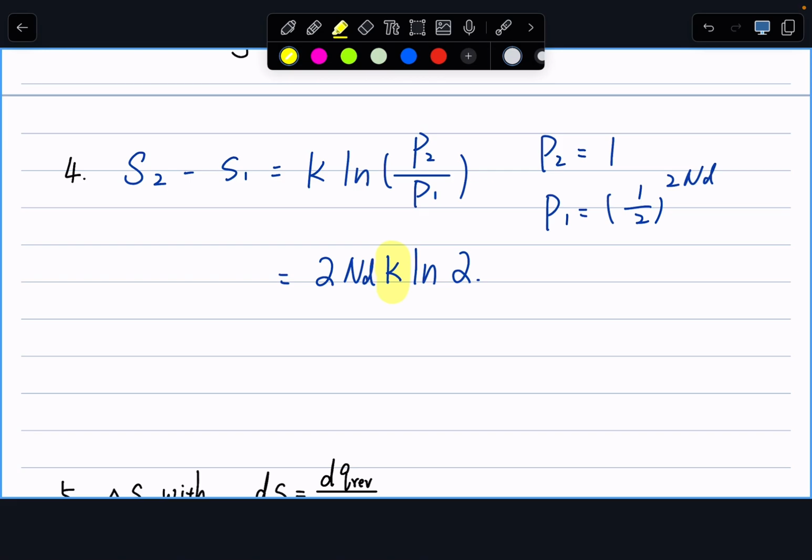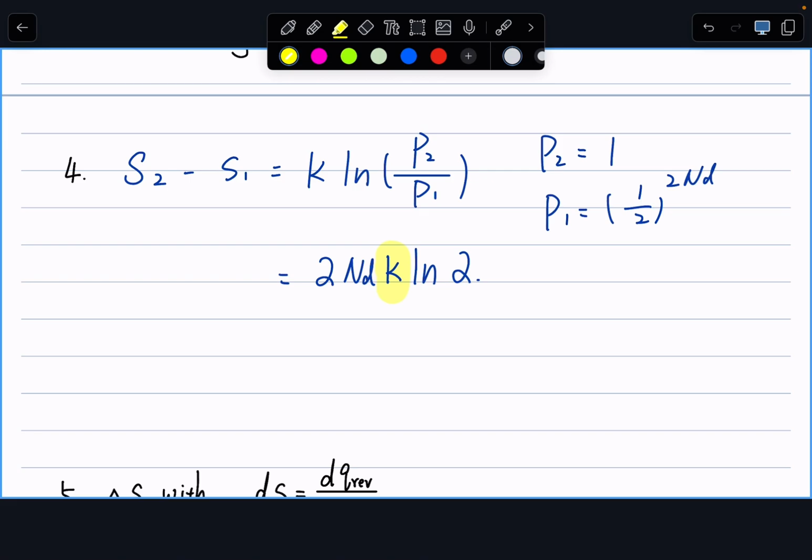So these are only true when we tell you that's the case. And then we can simplify our delta S mix to 2 times ND R ln 2. So this 1/2 becomes 2, the negative becomes positive, and we add them together to have 2NDR ln 2.